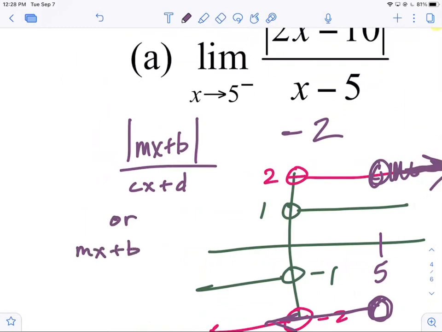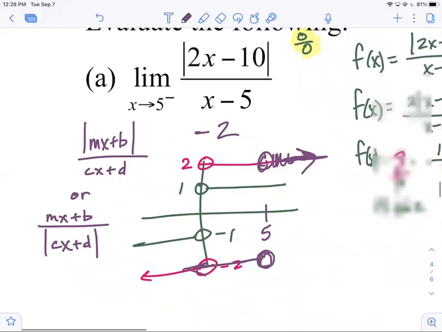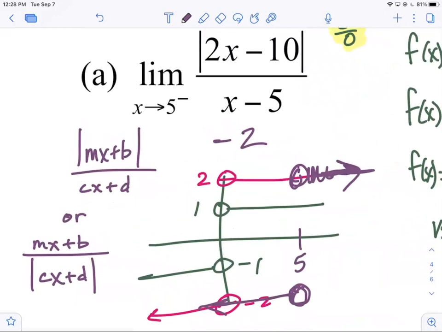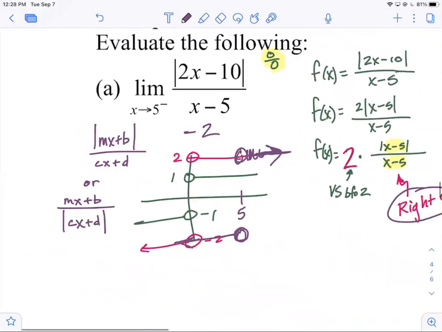It could be mx plus b over the absolute value of cx plus d. As long as it's linear over linear, okay? X to the first over x to the first. And one of them, top or bottom, has the absolute value. Then, as you plug in and get 0 over 0, you're approaching the location of the jump. All you have to do to figure out the one-sided limit is plug in any value from that particular side.